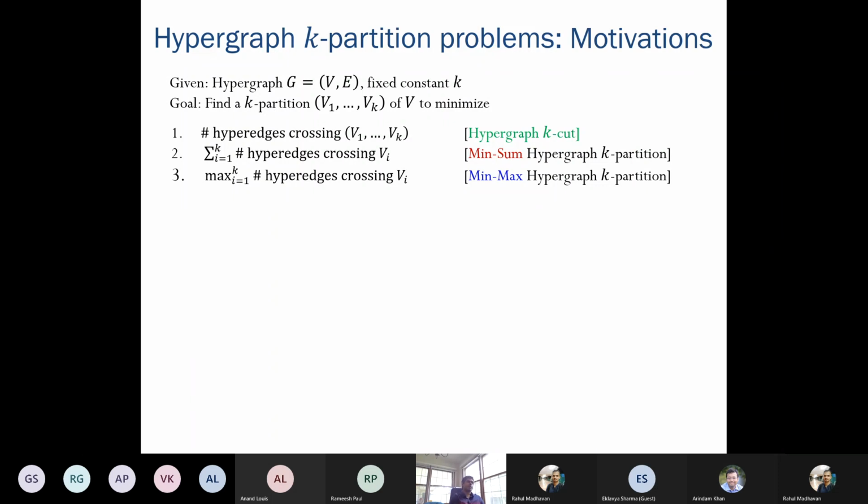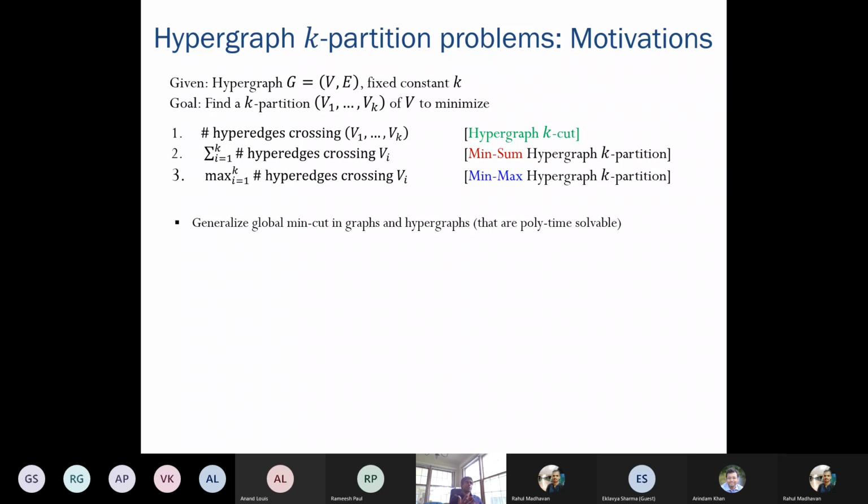Why do we care about these problems? Well, the first motivation for us comes from the fact that all these problems generalize global min-cut in graphs and hypergraphs. For example, if k equals 2, then all three problems are equivalent to global min-cut in hypergraphs. The number of hyperedges crossing V1, V2: if k equals 2, then the second objective is exactly twice the first objective, and the third objective is exactly the first objective.